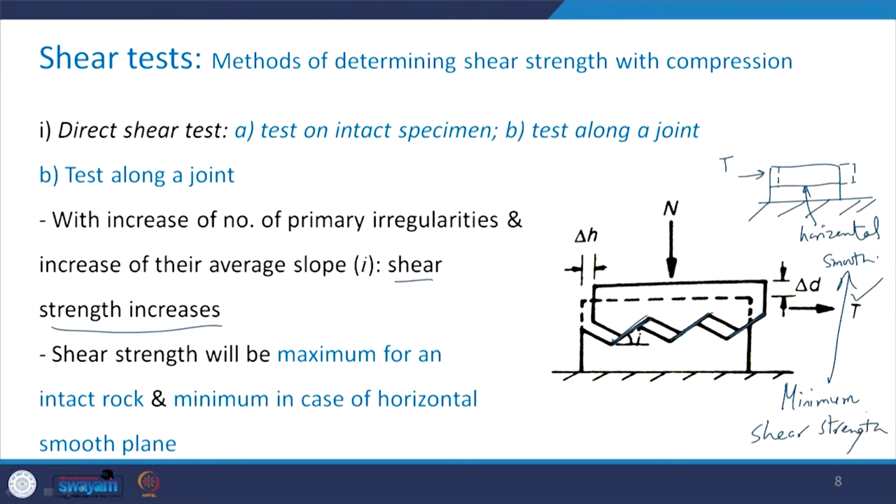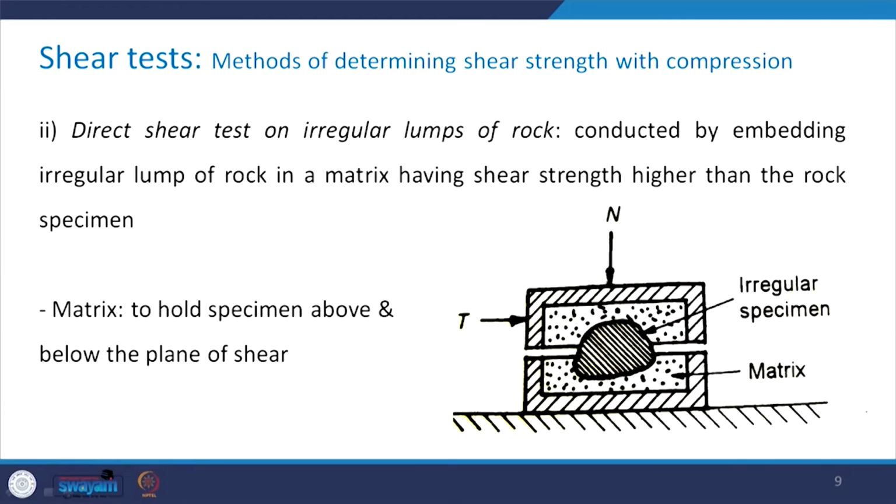So, remember this, shear strength will be maximum in case of the intact rock, and it will be minimum when you have a horizontal smooth plane as the sliding plane.